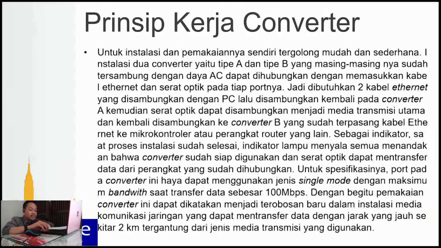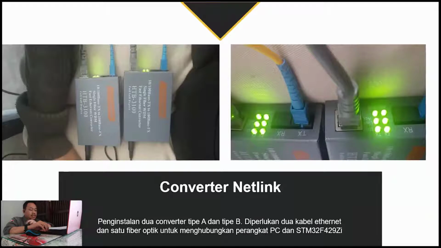For this converter, there are two types. Type A on the left side and type B on the right side. Type A, on the left, can be connected by Ethernet and optical fiber to the PC. Then type B, on the right side, can be connected to the microcontroller STM32F429Zi.